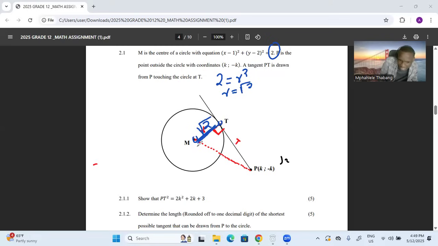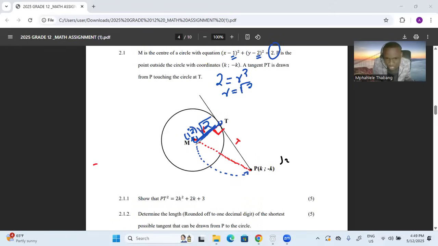You can find the distance from M to P using what we call the distance formula, just because you know the coordinates of M. Remember, M is the center of the circle. The coordinates of the center, you also take from the equation of a circle. It's easy to identify them: this 1 and this 2 are the coordinates of the center.